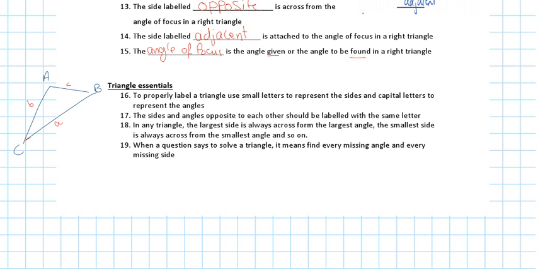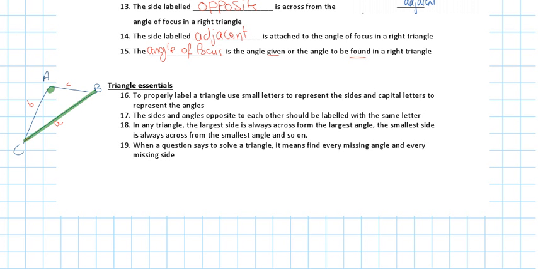In the triangle that I just drew, which one do you think is the largest angle? Like from the way it looks. Angle A, right? And which one do you think is the largest side? BC, which is side A, right? You always have that scenario, okay?